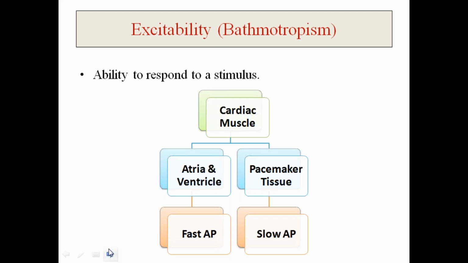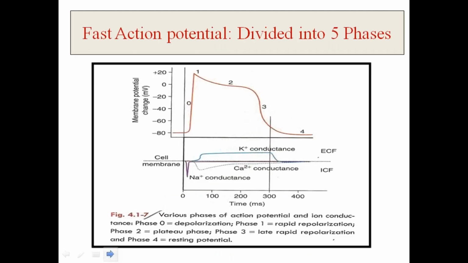In atria and ventricle, that means in the contractile fibers of cardiac muscle, the stimulus produces fast action potential. And in pacemaker tissue or conducting fibers, they produce slow action potential. So we will discuss both fast and slow action potential. Remember, in atria and ventricle the stimulus produces fast action potential, and in pacemaker tissue or conducting fibers, slow action potential.